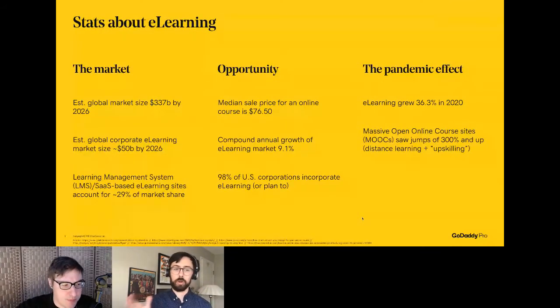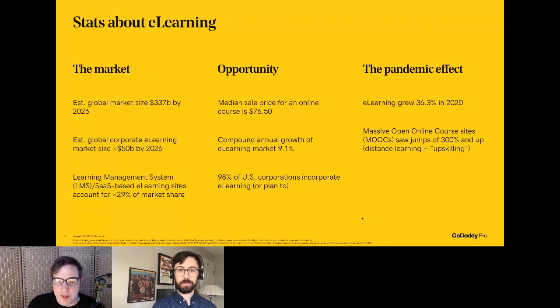Within a corporate structure, I think that's a really valuable thing that a lot of people are catching on to. And as you've shown in the numbers, it's there, it's growing and becoming even more. I'm really surprised by that 98% number. That seems huge, but I don't know how many of those are in the planning stage. Also, like I said, lots of growth happening around that lately.